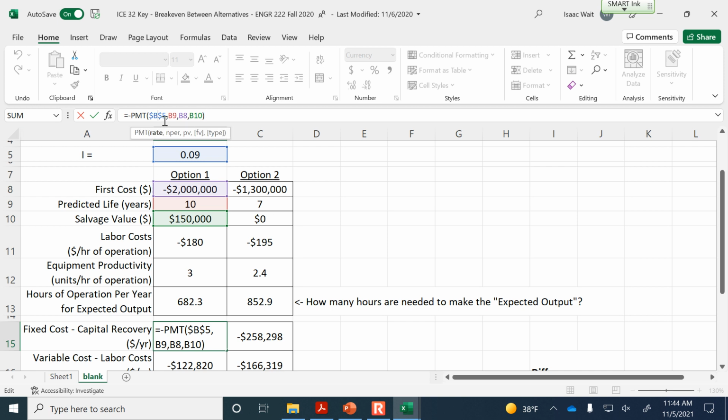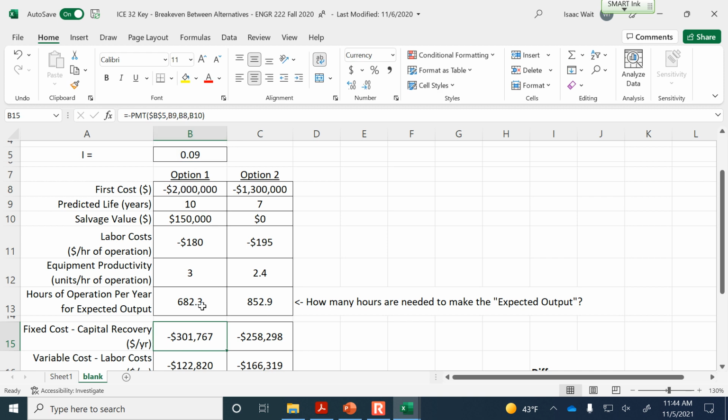So you can see the inputs here: the interest rate goes into it, and the number of periods, so it's 9% interest, and for option 1, 10 years. The initial purchase price was a $2 million outflow, and then $150,000 inflow is my salvage value, and that goes into the future because that's at the end of the 10 years.